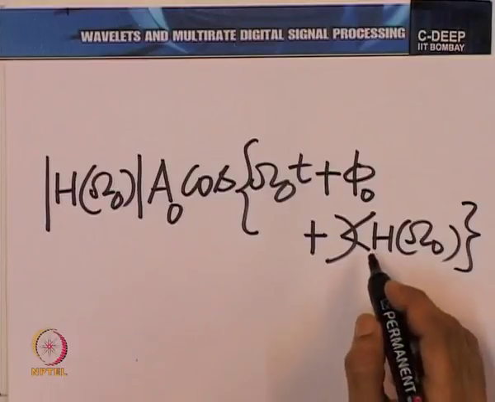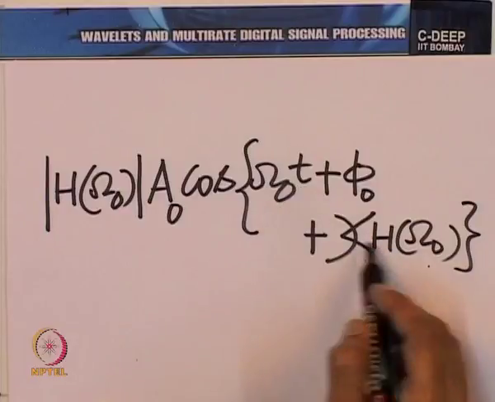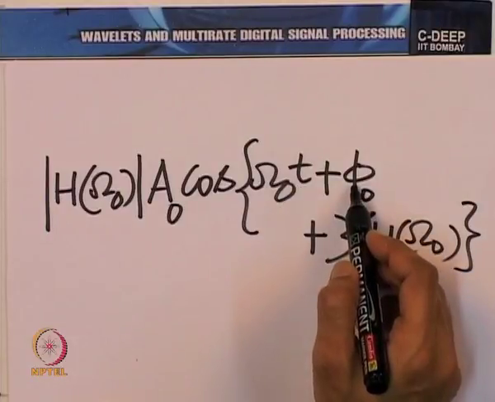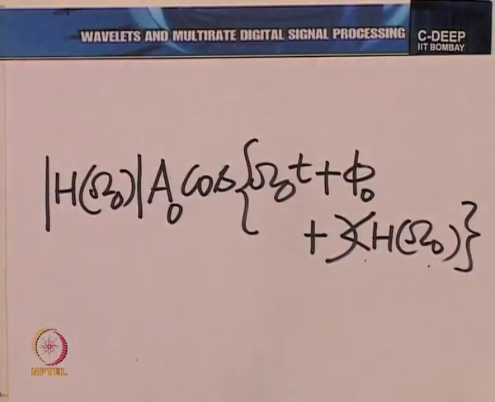What is the effect of this angle? As you can see, the effect of this angle is to change the phase, and a change of phase is equivalent to a change in time. So, it is like shifting the sine wave on the time axis.